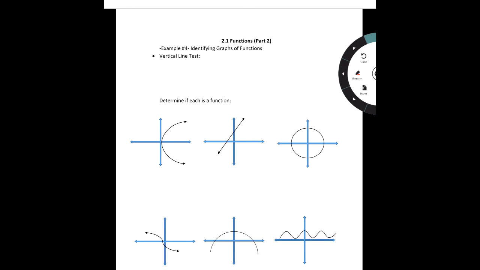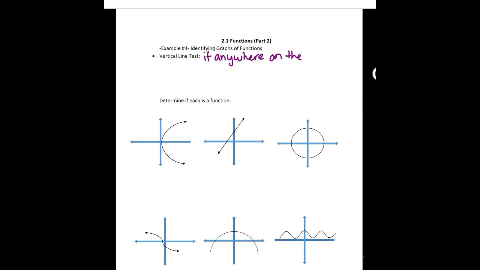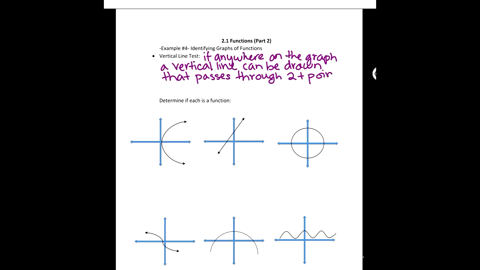If anywhere on the graph a vertical line can be drawn, and it has to be vertical, not horizontal, because every point on a vertical line has the same x, that passes through two or more points, so it hits two or more points, the graph is not a function.